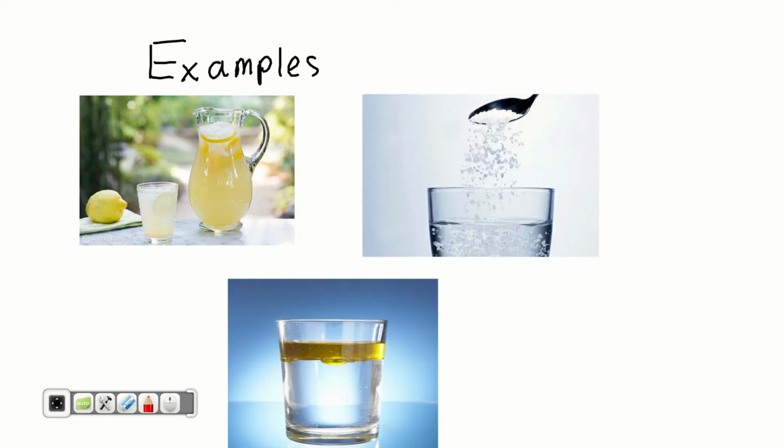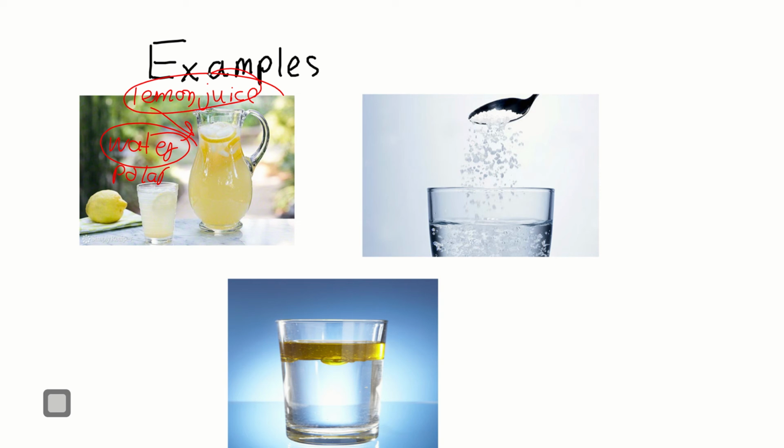So examples here would be, hey, I have lemon juice and water. So the question might be, we know water is polar, so what's lemon juice? Well, lemon juice will dissolve in water, which means lemon juice must be polar. Okay? I have over here water, and I have some salts.